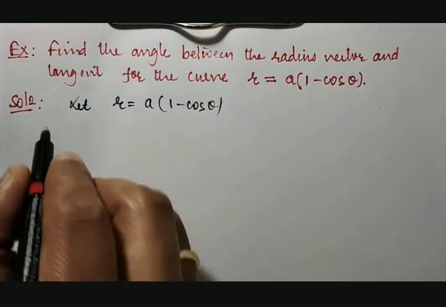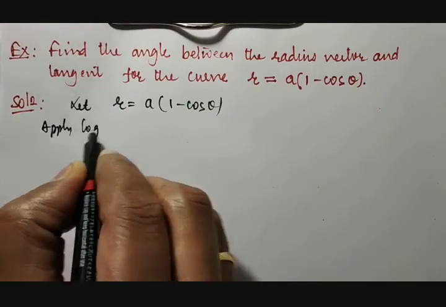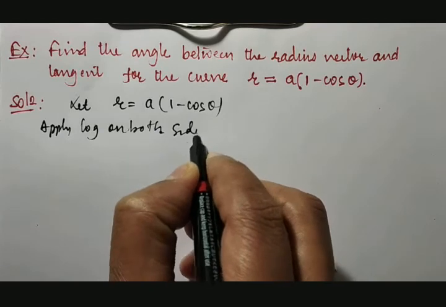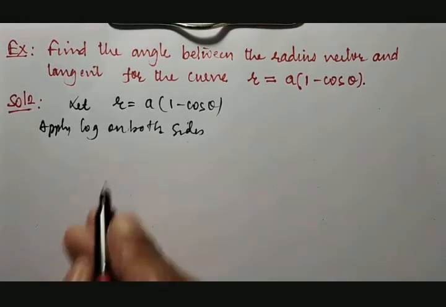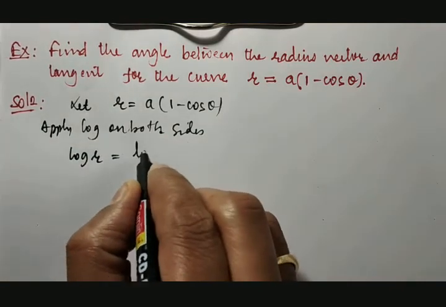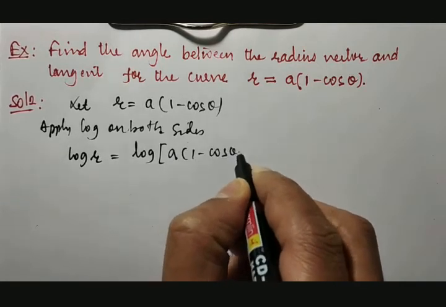Fine. So apply log on both sides. Then it becomes log r is equal to logarithm of a into 1 minus cos theta.